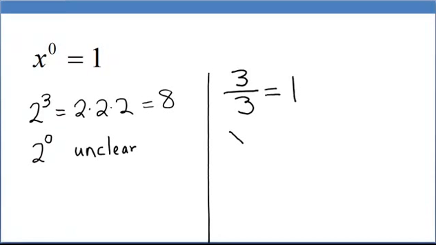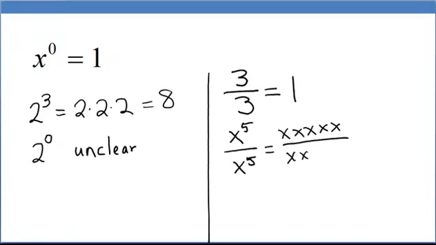And how about x to the 5th divided by x to the 5th? This is also going to be 1. We could write it out. But we are dividing, and everything divides out and it goes 1 time.